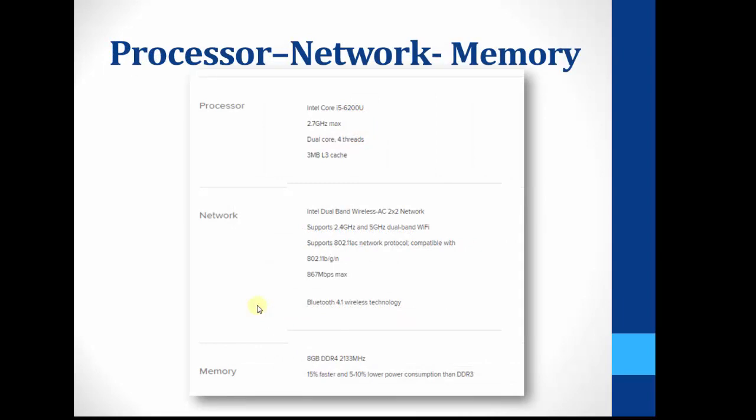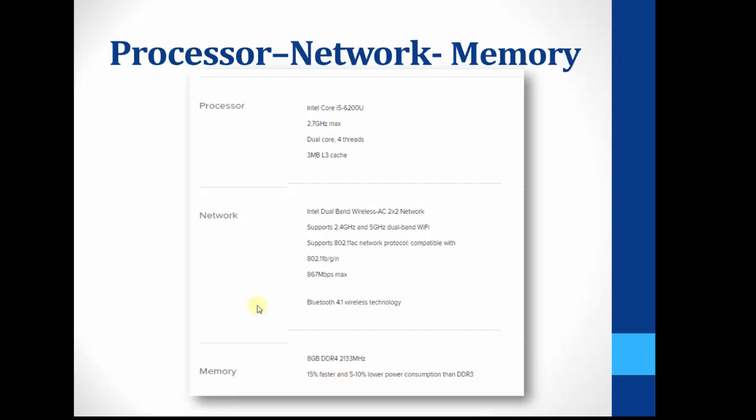Processor, network and memory on this model: processor Core i5-6200U, 2.7 GHz max, dual core, 4 threads, 3 MB cache memory. Network: dual band wireless AC 2x2, supports 2.4 GHz and 5 GHz dual band Wi-Fi. Supports the 802.11 AC protocol, compatible with 802.11 b/g/n, with speeds of 867 Mbps max.